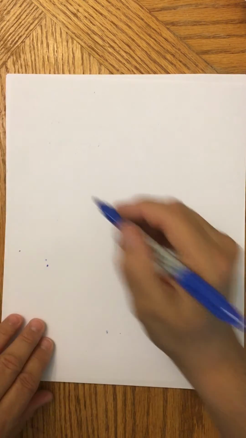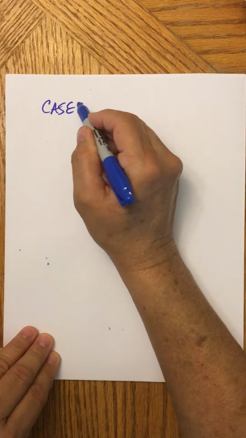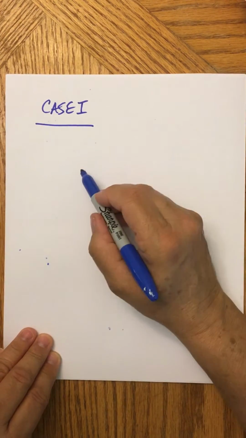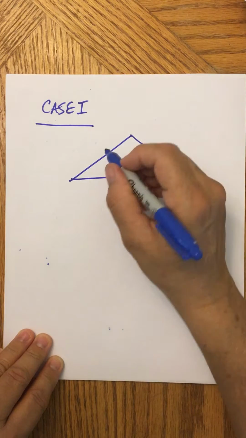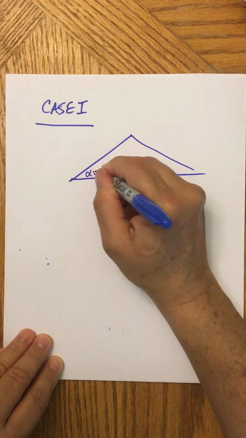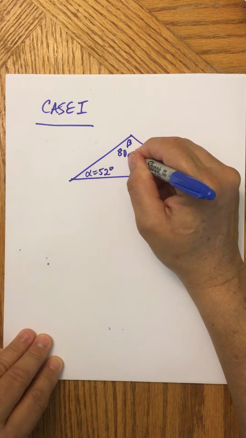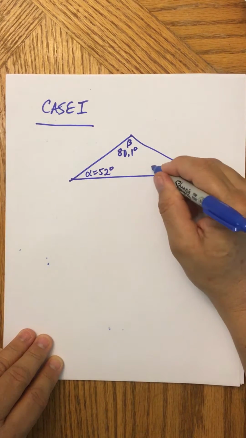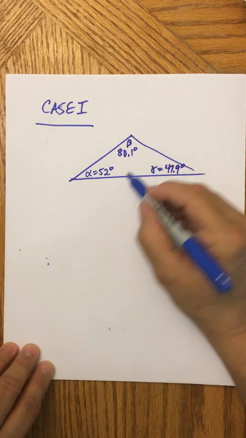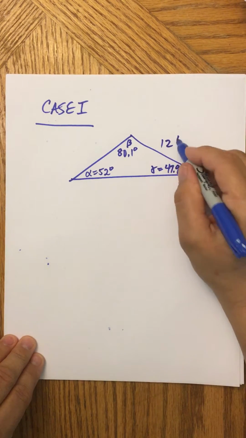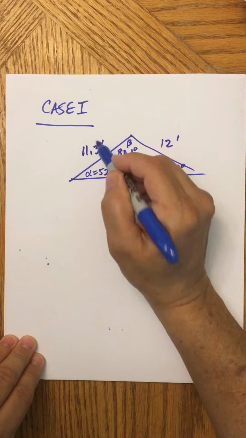So for case 1, what you had is something more like alpha is 52 degrees, beta is 80.1 degrees, and gamma is 47.9 degrees. And here you had 12 feet, 15 feet, and then 11.3 feet.